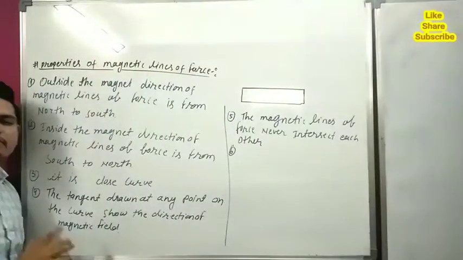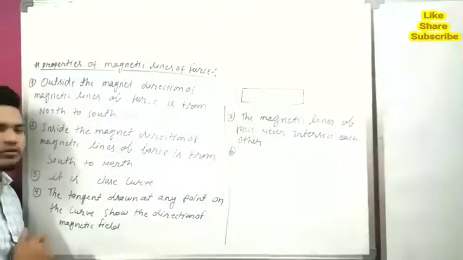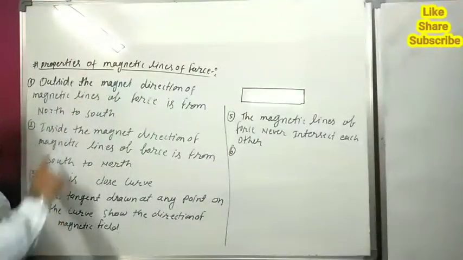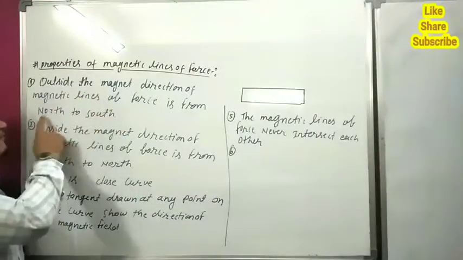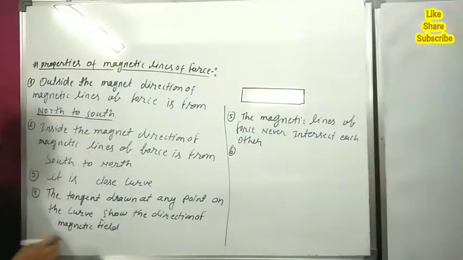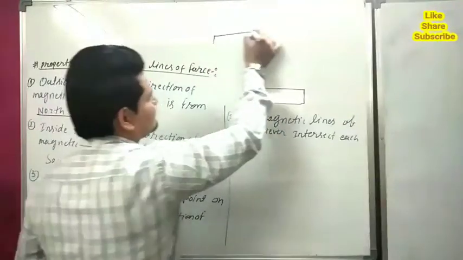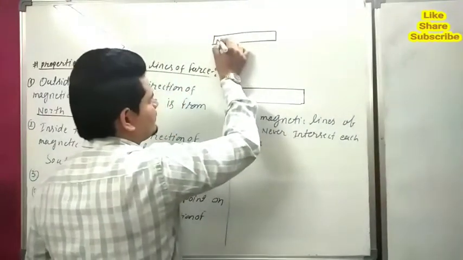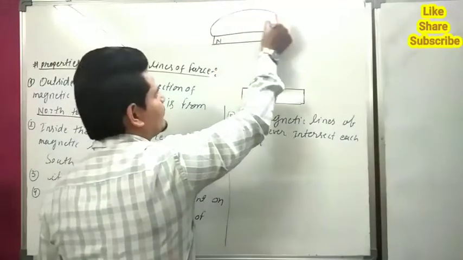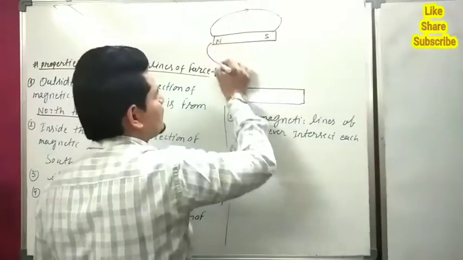There are many properties of magnetic lines of force. Some of them: outside the magnet, the direction of magnetic lines of force is from north to south. Like this is the magnet, this is north pole, this is south pole. So outside the magnet, the direction of magnetic lines of force is north to south.